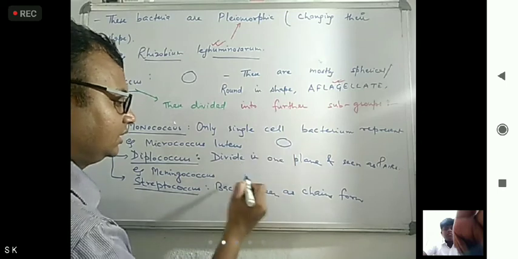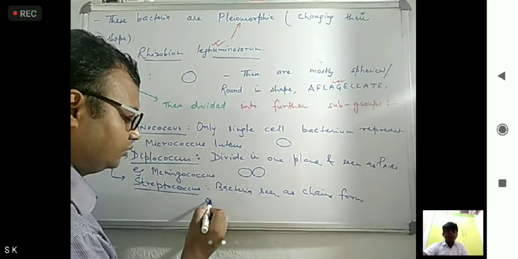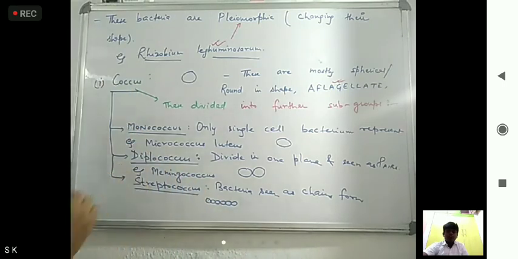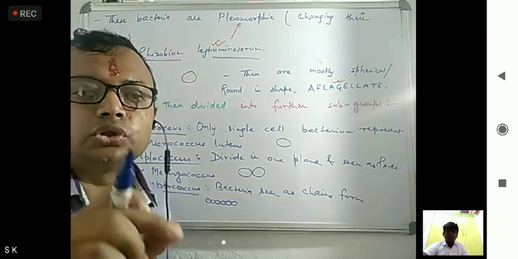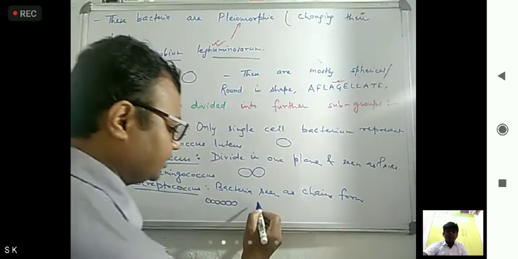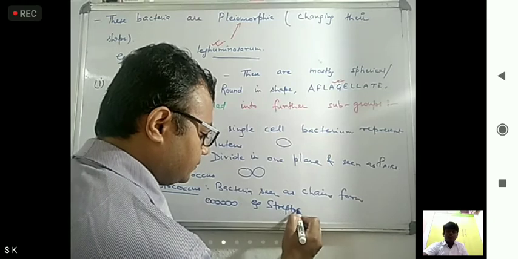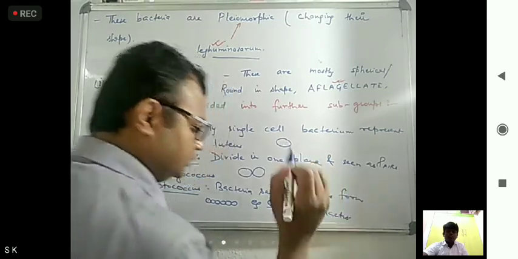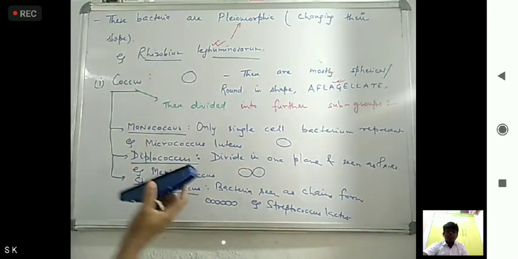Monococcus means single, diplococcus means double like that, and in the form of chain is known as Streptococcus. And example is Streptococcus lactis. Now, come on, another subgroup.